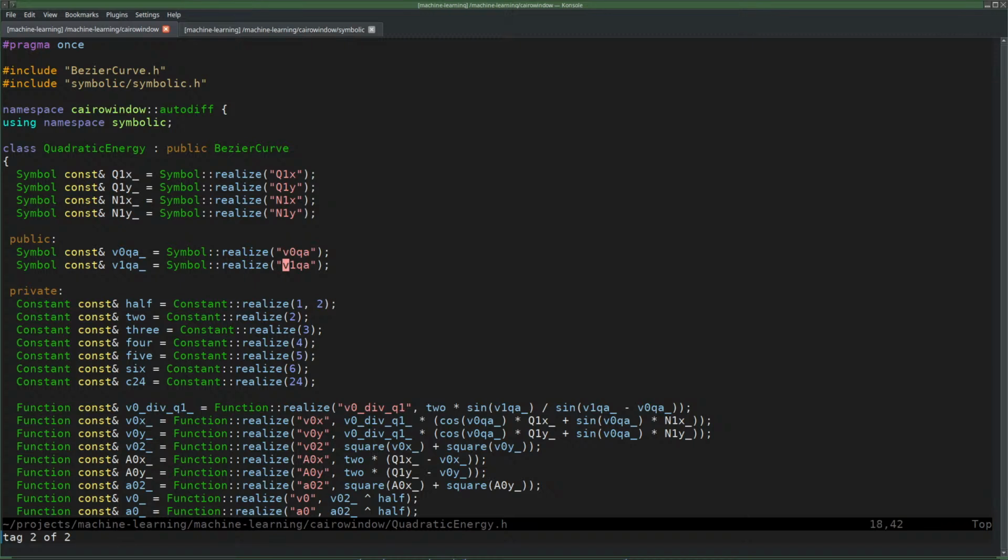But then what happens with this? Is a function hashed by the name? I think the name is part of the hash, but it's not really determining it. Is it?